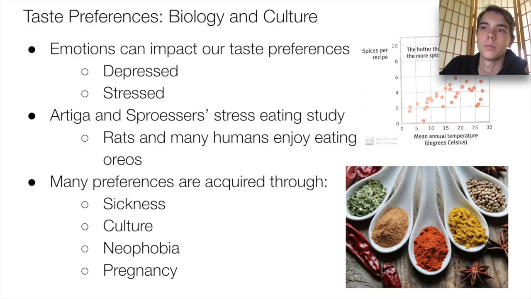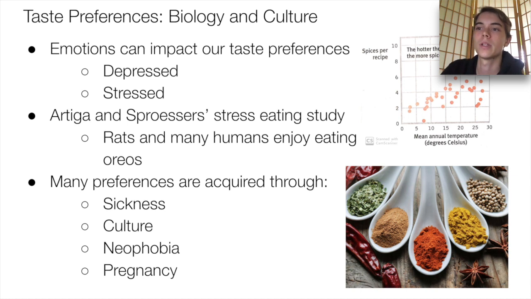Now we'll move on to the biological taste preferences as well as cultural taste preferences. So emotions can impact our taste preferences. Studies have shown that people who are depressed might crave starchy or carbohydrate-filled foods because they will release a neurotransmitter, serotonin, which relieves and calms down the person.